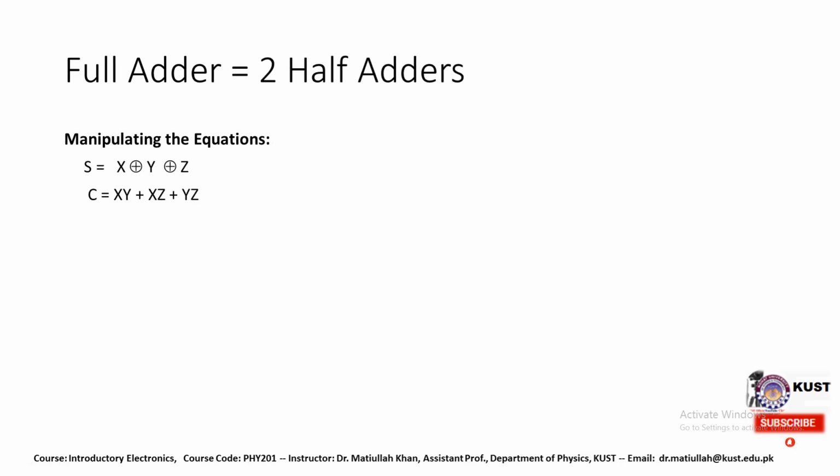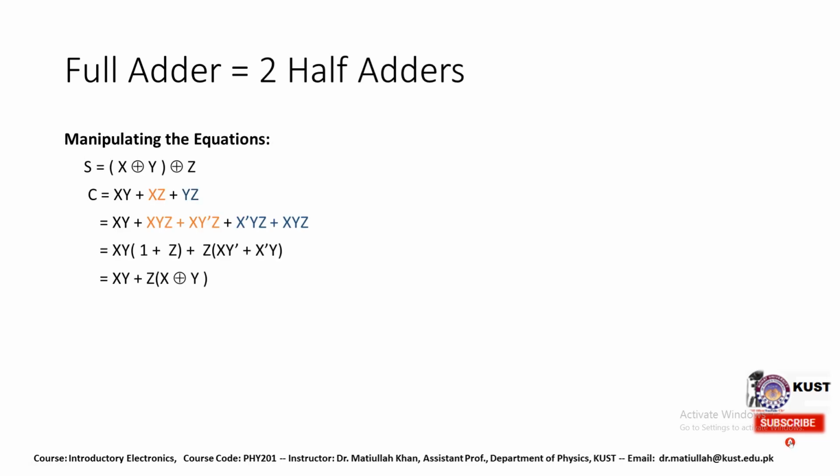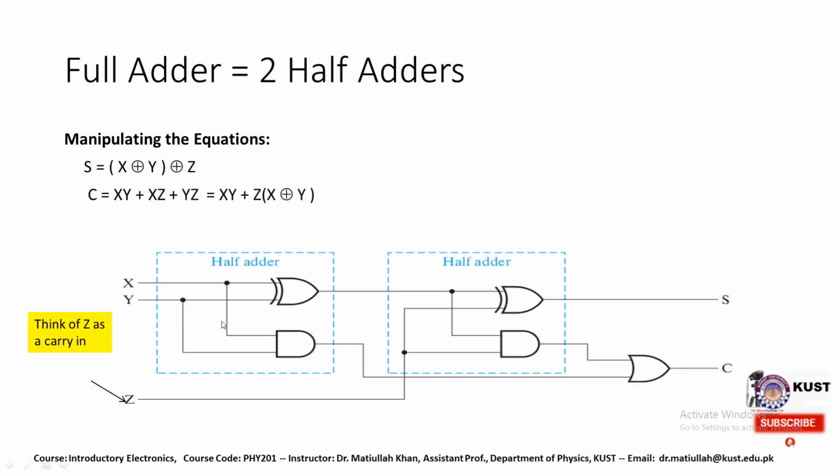A full adder is like 2 half adders, manipulating the equation. We can get this from the combination of x and y plus z. If we simplify the equation, it will be like this. So this is a simple circuit diagram of the full adder, which is actually equal to 2 half adders.